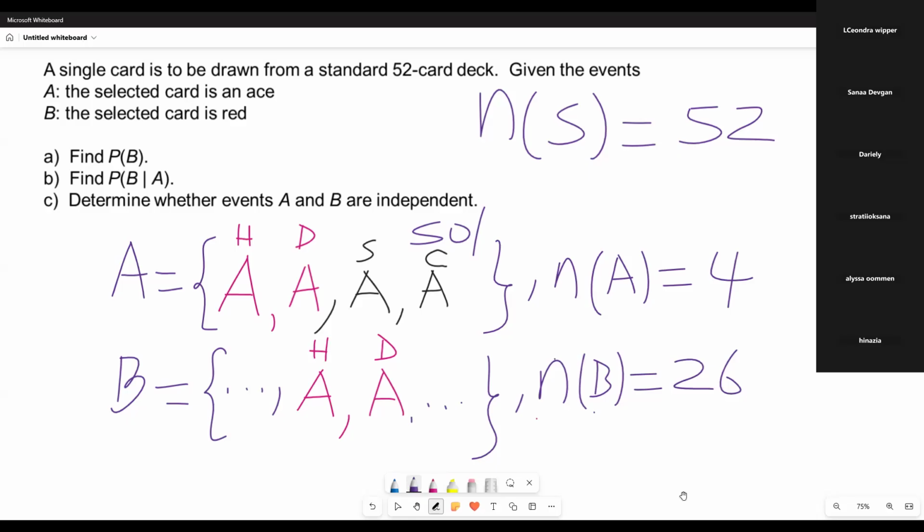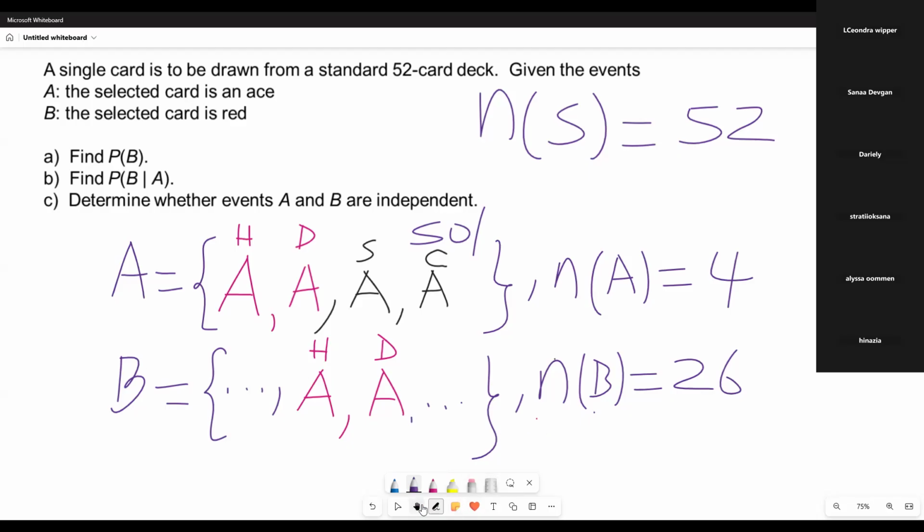Is this clear? There are 26 red cards. 13 hearts, 13 diamonds. That's 26. But 2 of them are the ace of heart and ace of diamond. But I don't have to give you all the outcomes here. I only give you these 2 because I need these 2 to show you the 2 events are not mutually exclusive events. Okay?